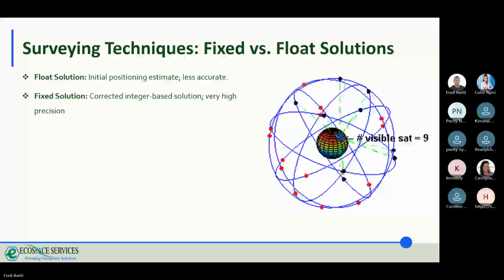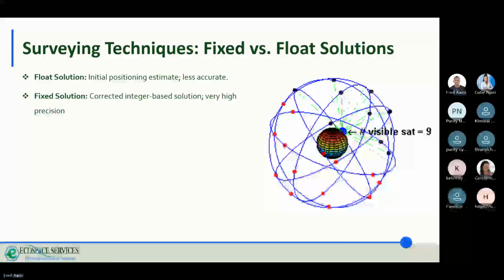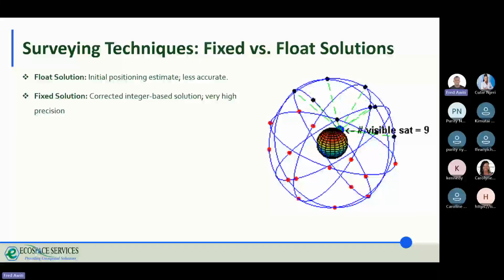But consider a planner using a handheld GPS receiver to get a position, and a surveyor using a GNSS receiver to determine a position.